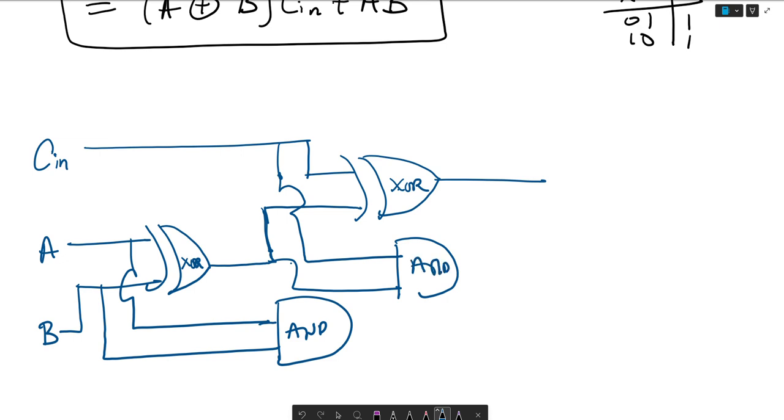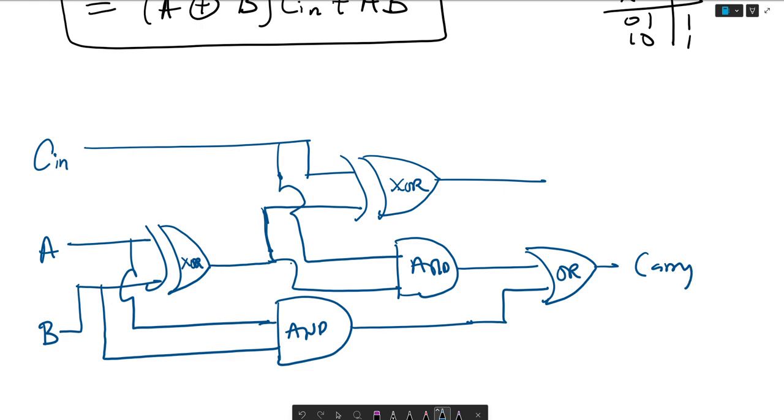This goes through an AND gate. This goes through an OR gate. And this is the carry. And this is the sum.